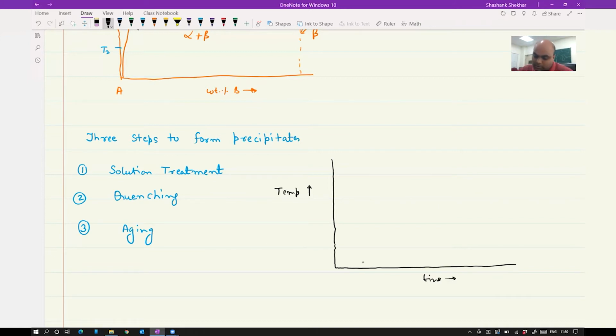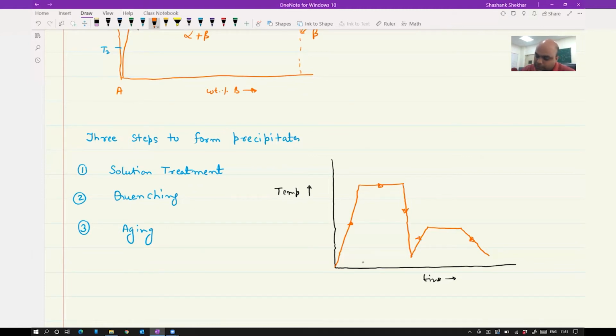For solution treatment, it will be something like this, then you are going to quench it to some temperature, then you are going to age it, something like this. So this is your heat treatment cycle.